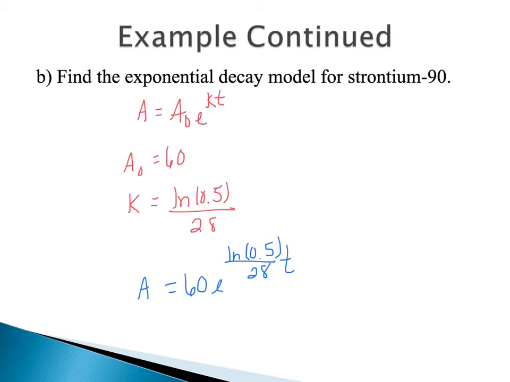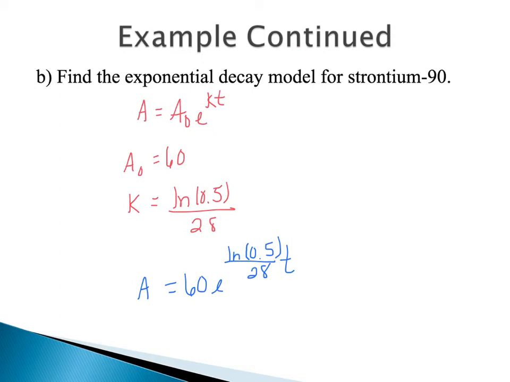So if we're given the number of years, we can just substitute in. And what it also allows us to do is if we know the amount of strontium-90 that we have left, we can figure out how long ago the strontium-90 was originally let out into the atmosphere. So something like this is important for carbon dating. When archaeologists find some ancient artifacts, they want to figure out how old it is.